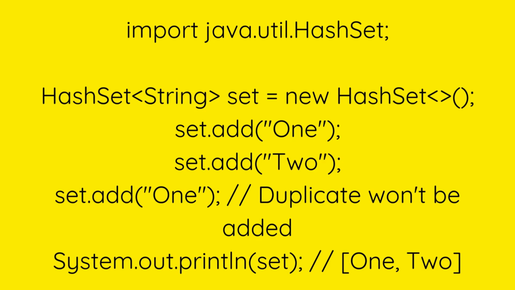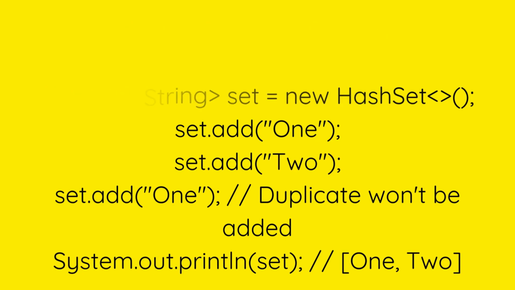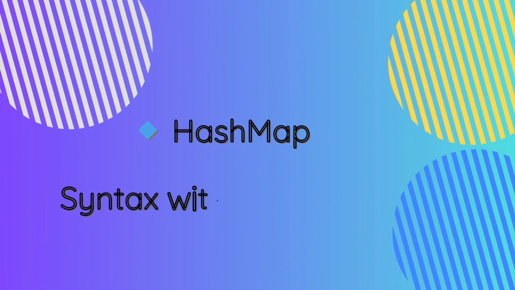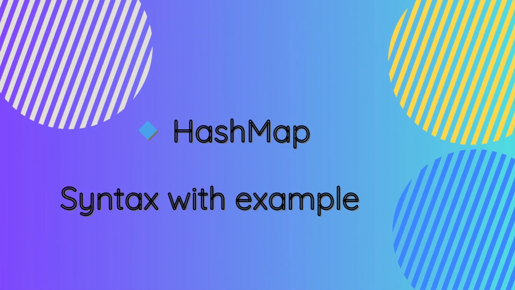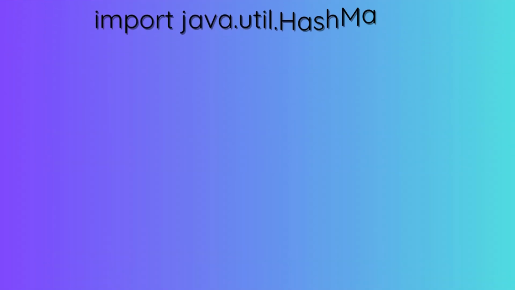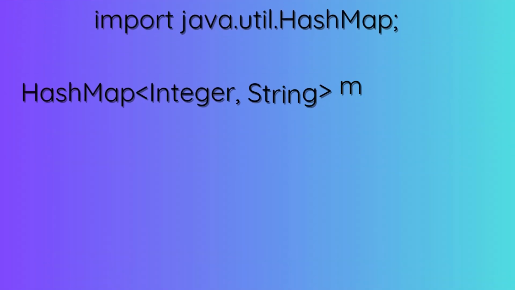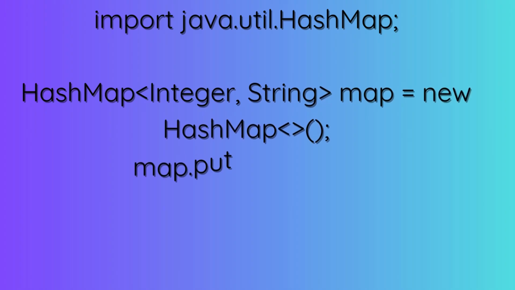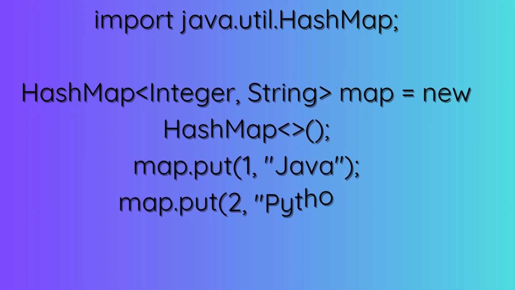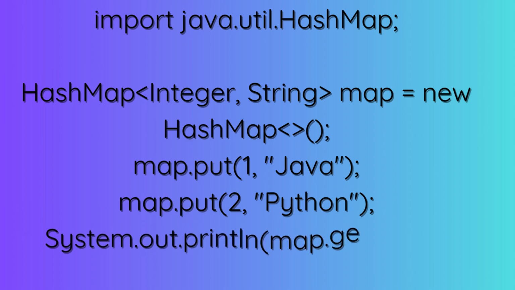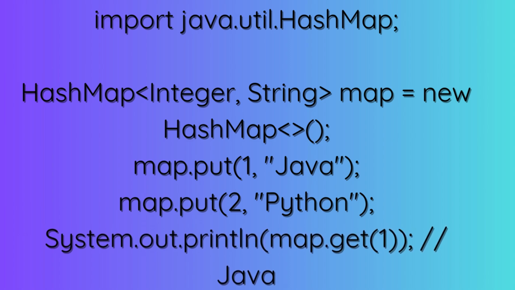So let's go on to the third one called HashMap. Let's see the syntax and example. Import java.util.HashMap. Here is an example of how you declare a HashMap. We put one with the value Java, and two with Python.